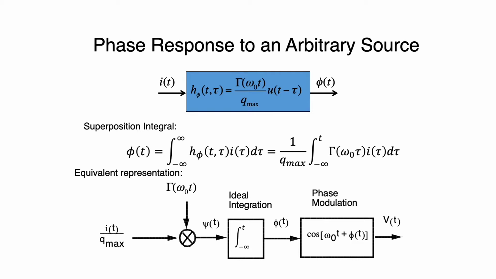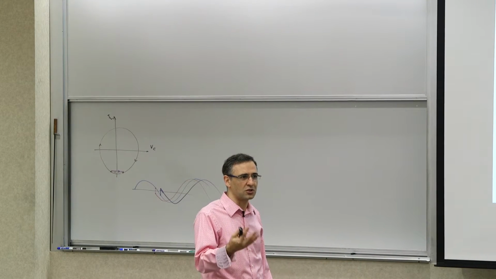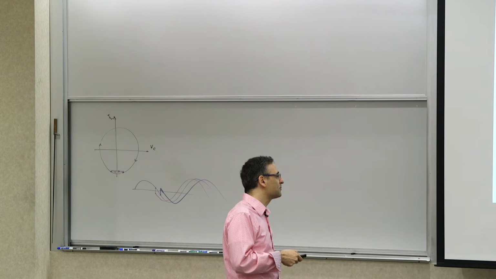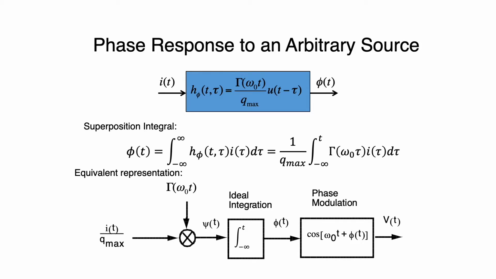But that's the phase. What you measure a lot of times is actually not the phase. You're measuring the voltage of the output. So you have another process of phase modulation, which is a nonlinear process. So you have a linear time varying system followed by a nonlinear system to produce the output waveform. And we'll use this model to analyze the oscillator and draw conclusions about certain aspects of it.